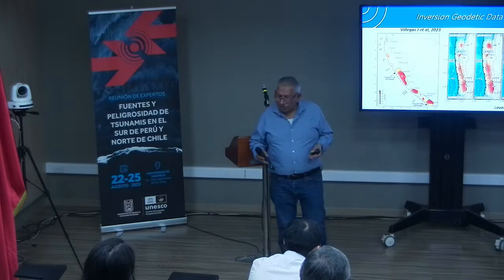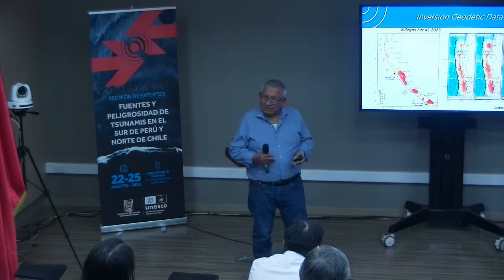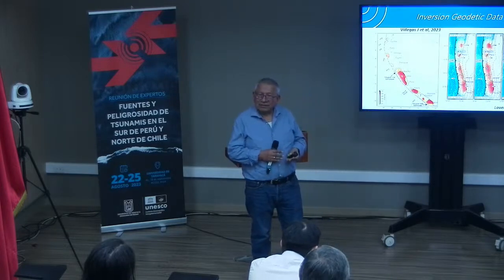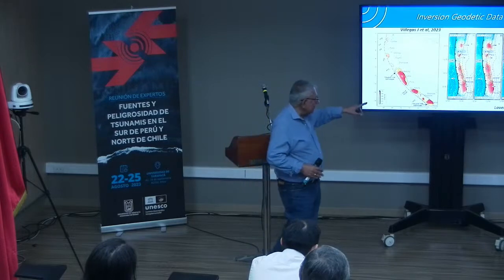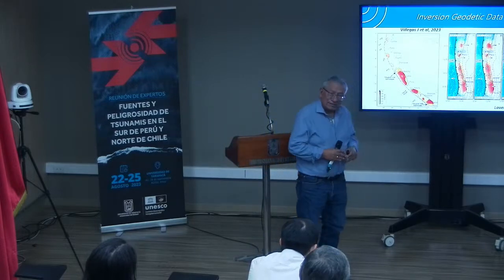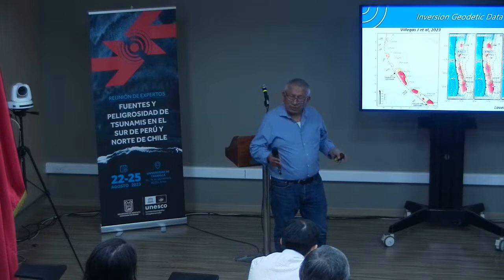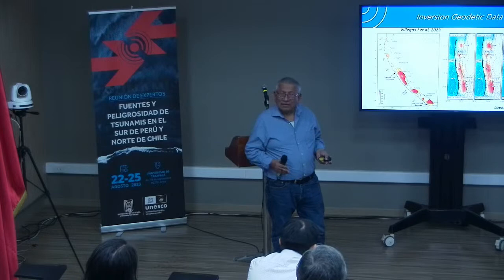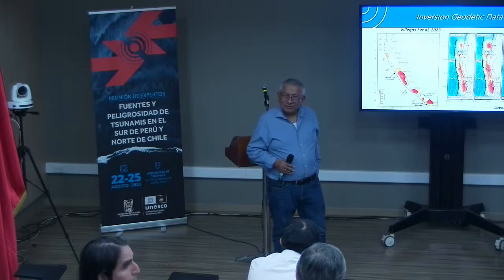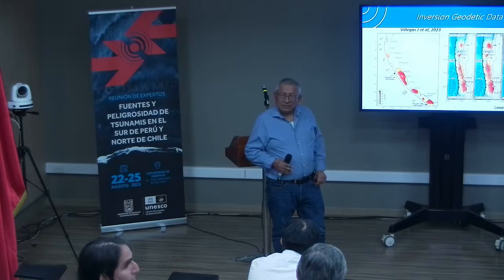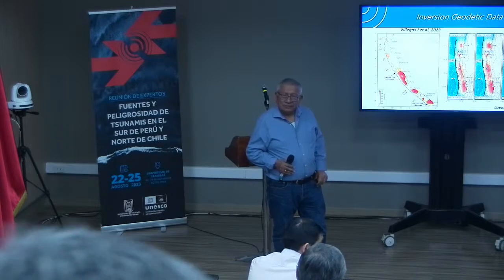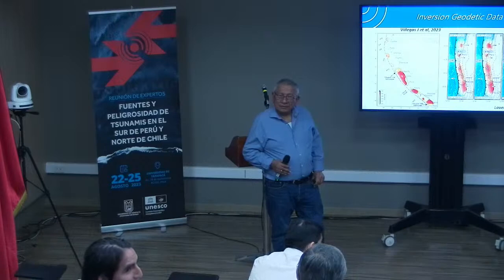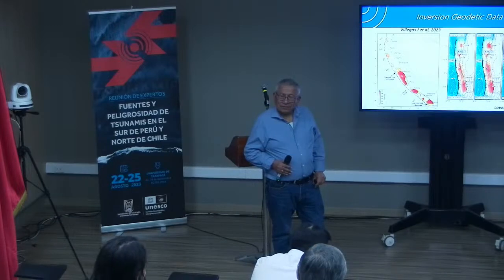So that's the amount of coupling that exists in the area. Given the size of the asperity, we can estimate the seismic moment, and therefore a given Mw magnitude. I don't know if this satisfies you. Yeah, but I still have some doubts about how you define the event. But we can continue discussing later.